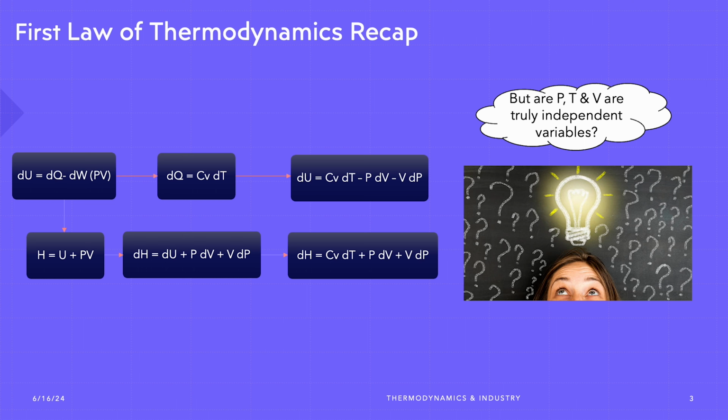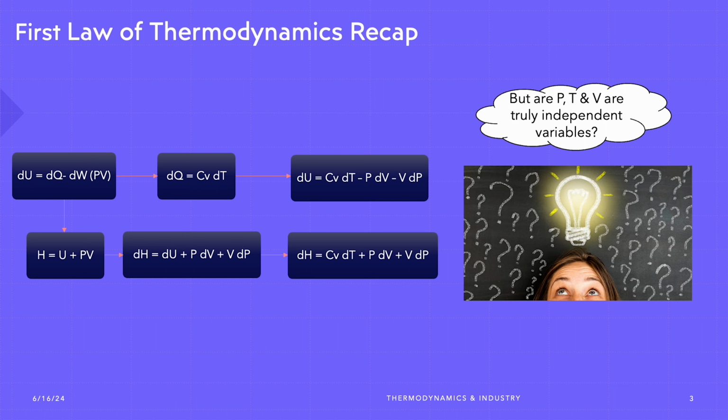Then a new variable called enthalpy was defined as the energy due to the kinetic energy of the molecules in the fluid, in addition to the energy required to push that fluid into or out of the system. By simple differentiation, we can find out that dH would be equal to dU plus PdV plus VdP, which leads us to writing enthalpy as a function of pressure, temperature, and volume of the fluid.